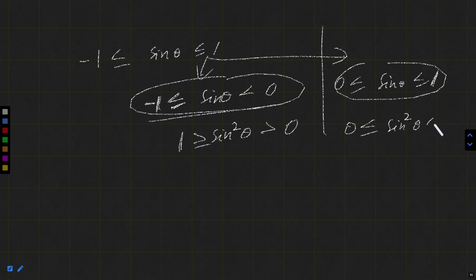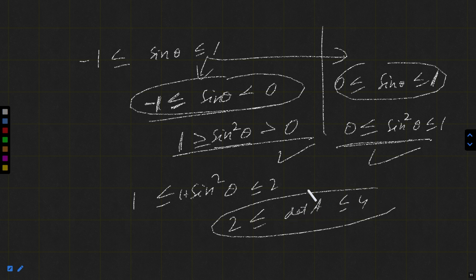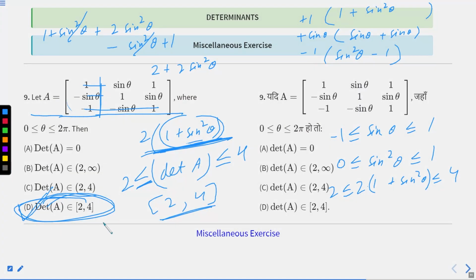So sine square theta is still in 0 to 1. That means eventually we will get this. Now what we did, we just added 1 to every side and then multiplied by 2. So you get 2 less than determinant of A less than 4. So that's why option D is correct.